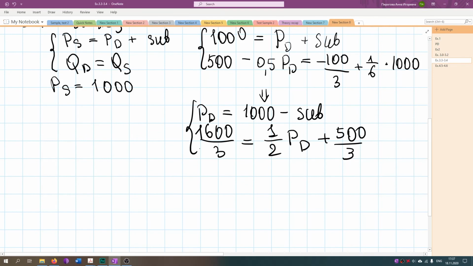So now we need to put our equation for price for buyers into the second one.